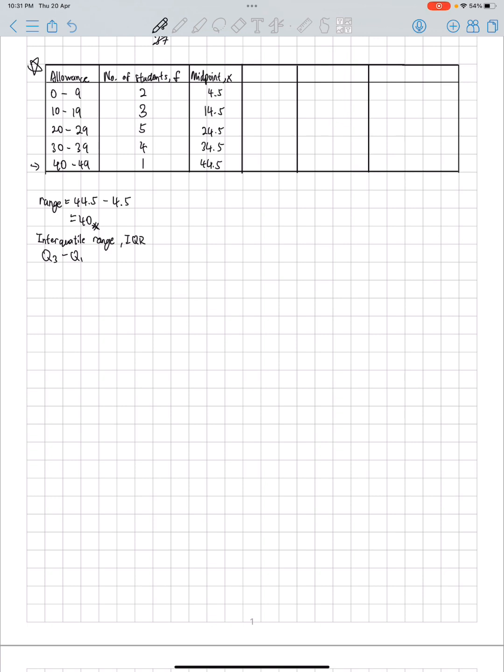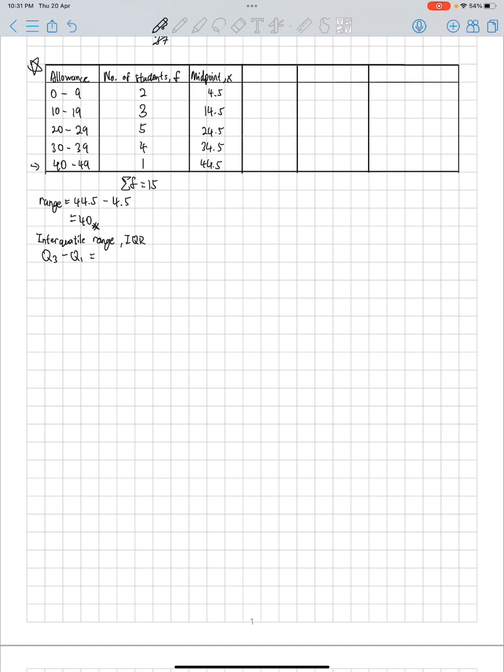To know our total number, we can find it from the frequency. So the total number of students is 2 plus 3 plus 5 plus 4 plus 1, which is 15. So the total frequency is equal to 15.